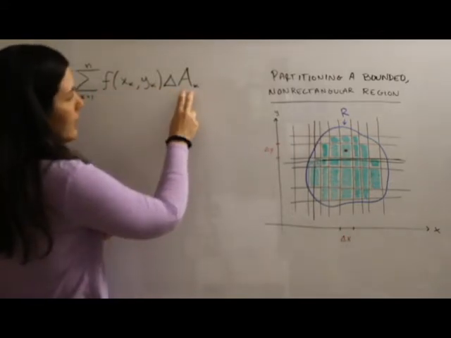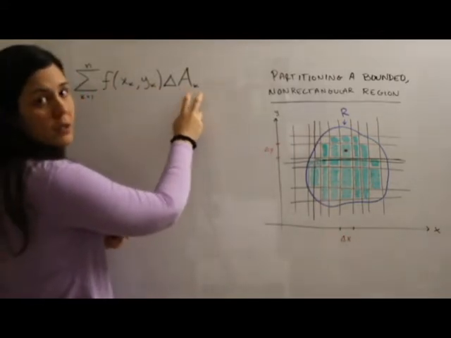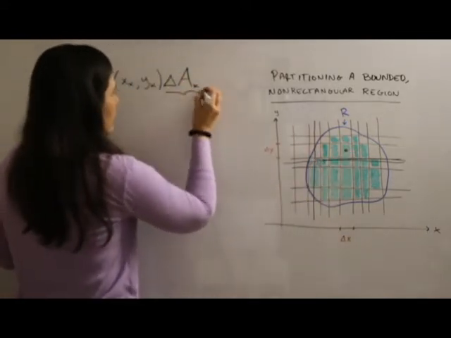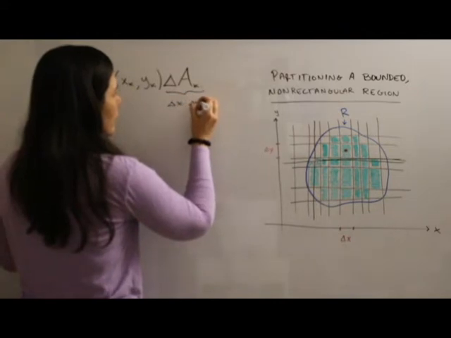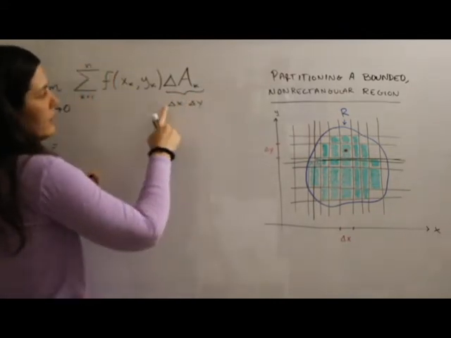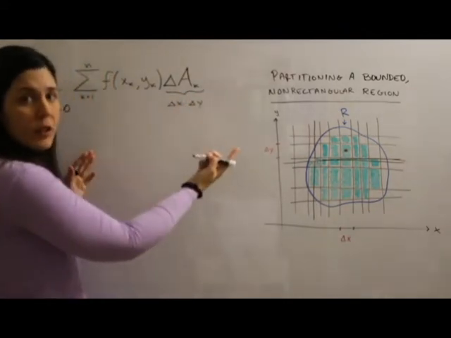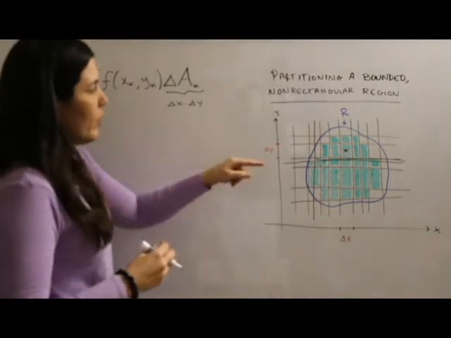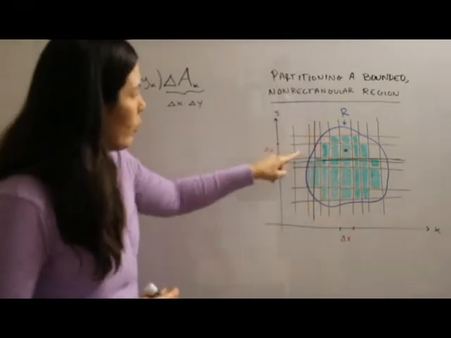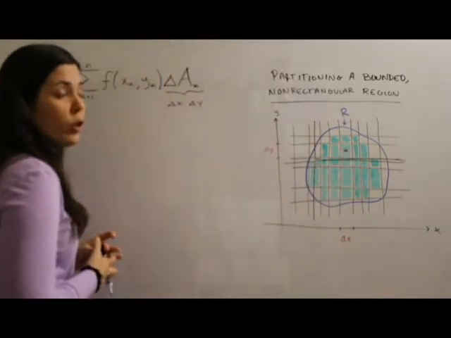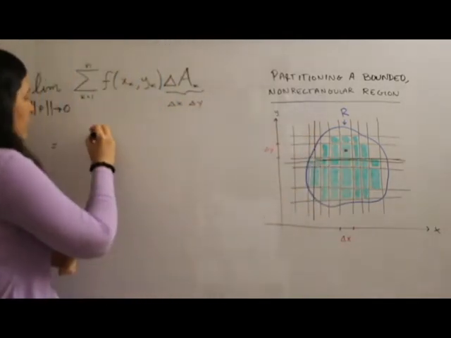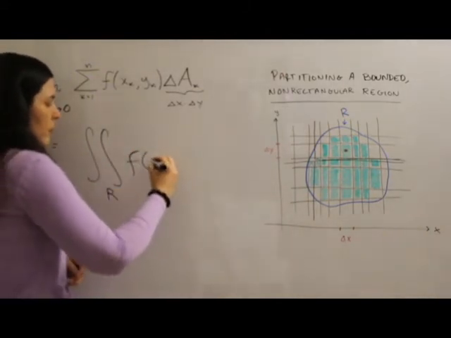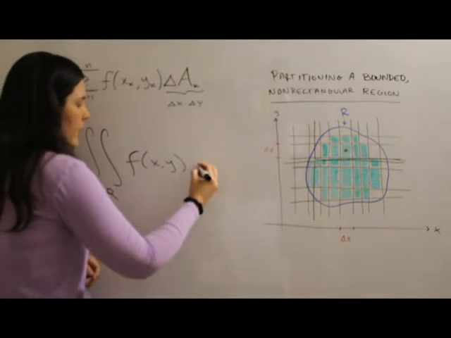And then delta A sub k is the width times length, the area of this little base region, so this would be delta x times delta y. Height times width times length gives us our volume. Then we add up all of these little rectangular prisms and we get the volume under the curve over this general region R. And so this is our double integral over R of our function f of x y dA.